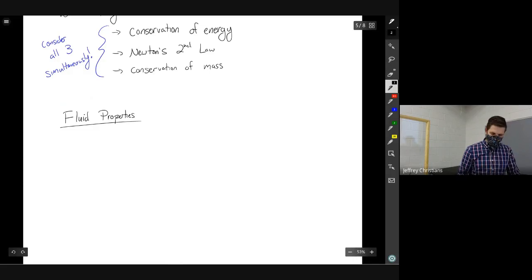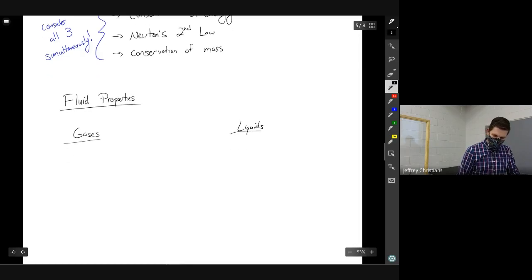We have different types of fluid properties for gases and obviously liquids. Just some general notes. For gases, most properties are a function of temperature.